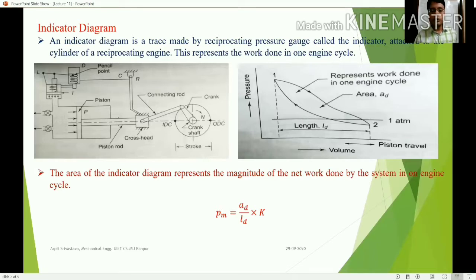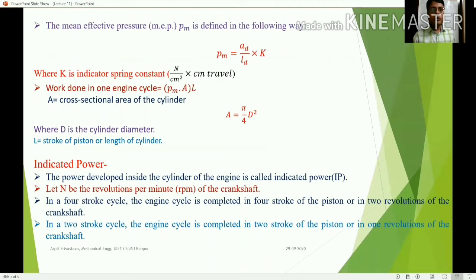Here I am telling you some elementary concepts regarding this topic, so that you will be able to solve some numerical problems which are placed inside thermodynamics. The first important term, mean effective pressure, we can calculate with this formula.